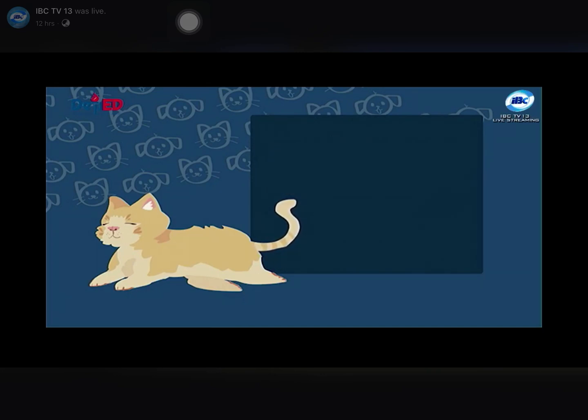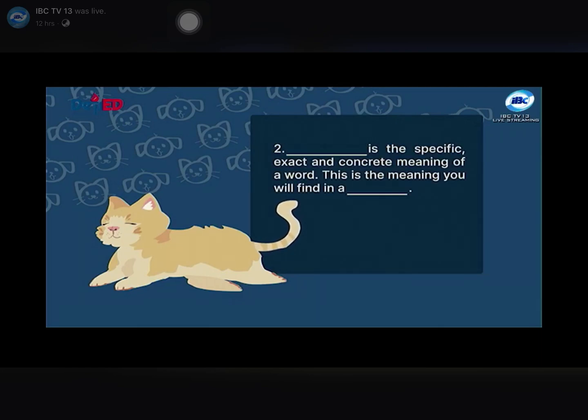Here is another one. Blank is the specific, exact, and concrete meaning of a word. This is the meaning you will find in a blank. If your answer to the first blank is denotation, then you got it. And let us put the word dictionary on the second blank.